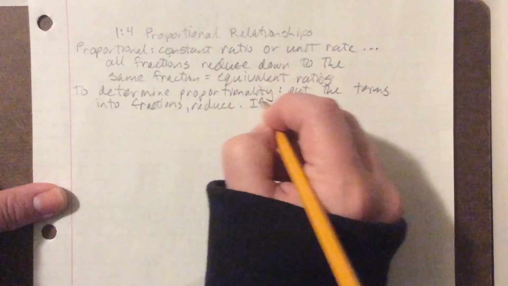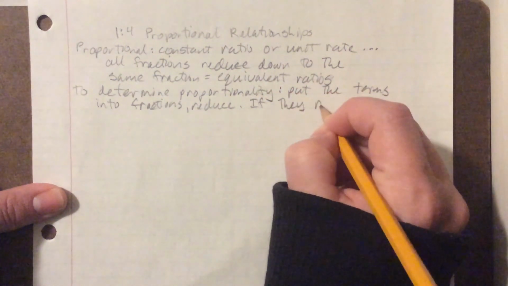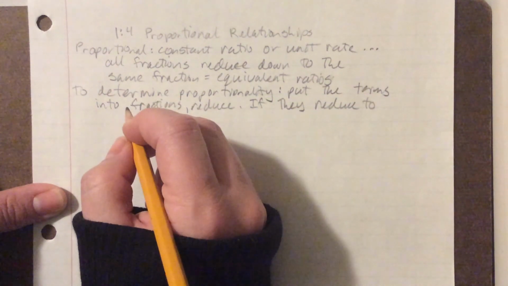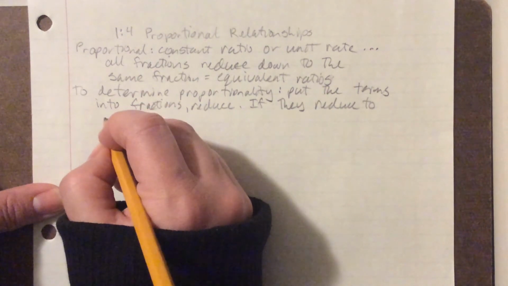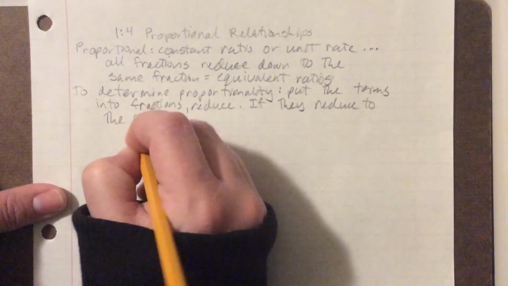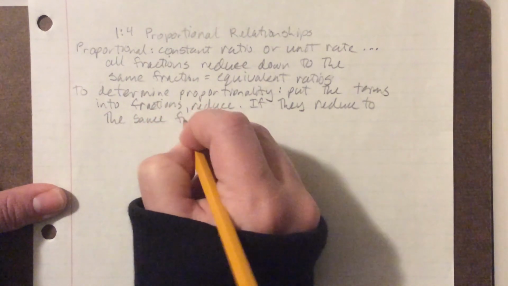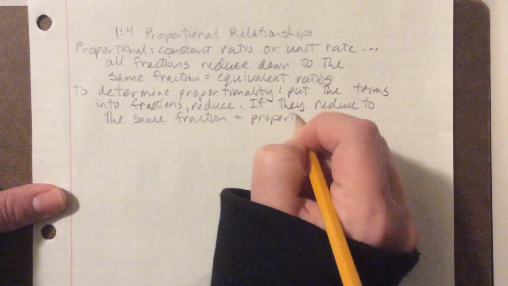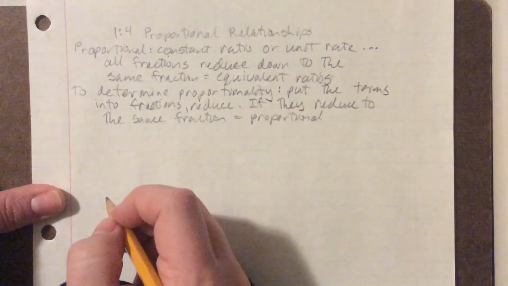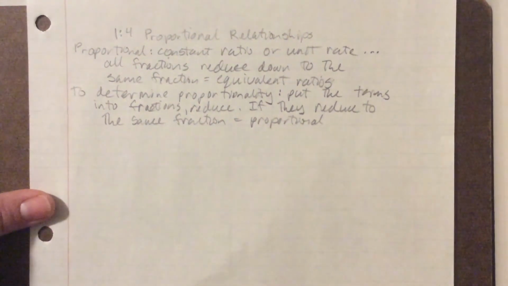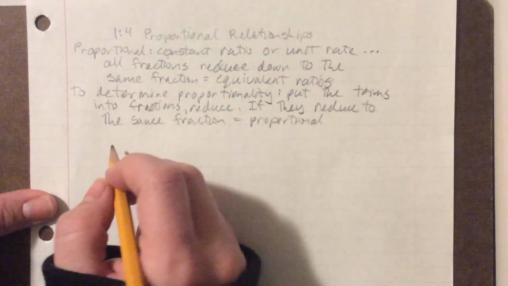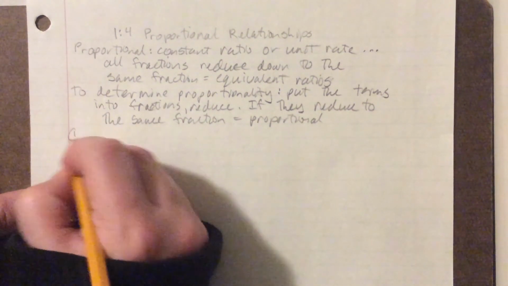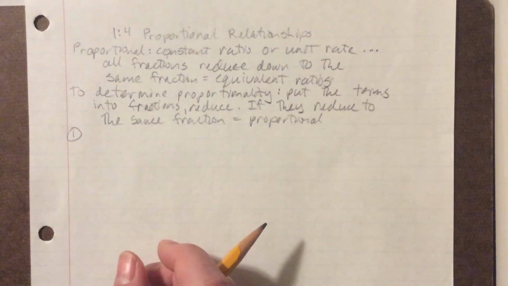Okay, if they reduce to the same fraction, that means they're proportional. Yay. If not, they don't. And I'll give you another key trick to telling, without even having to do calculations, whether or not it's going to be proportional.